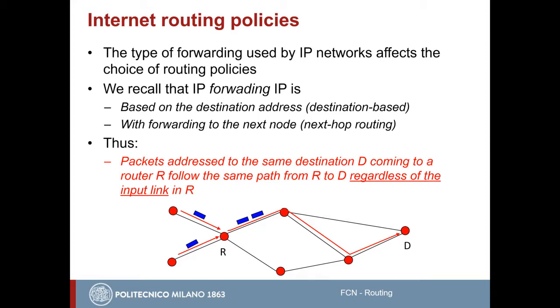As a consequence of this way of implementing forwarding, we have also a specific condition on routing. More precisely, we know that packets that are addressed to the same destination and that are coming to a certain router will always follow the same path, because they will be routed to the same next hop router, regardless of the input link.